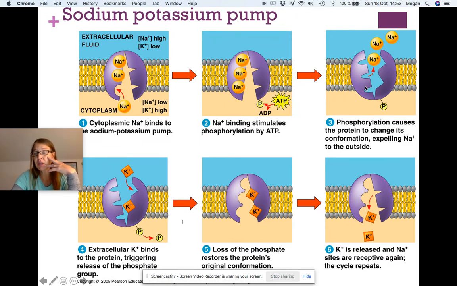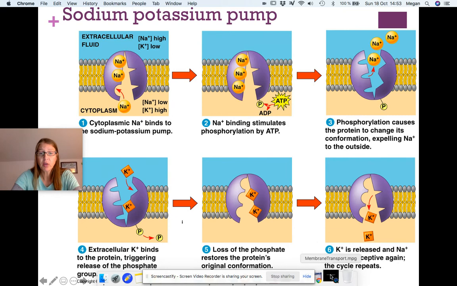It changes shape on those sites where they bound, and it then opens up the potassium binding sites. So potassium, through kinetic molecular motion, will end up binding. Once those bind, that phosphate gets released and the protein changes shape again back to its resting state. So the potassium can then be expelled to the other side of the cell.